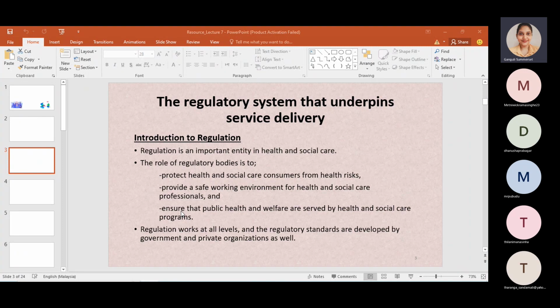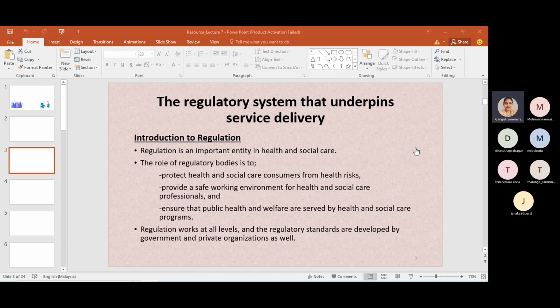When we discussed acts and regulations, I told you that an act is a rule which is passed by the parliament, and a regulation is something that makes you follow the act, right? So yes, it is a definition for regulation.